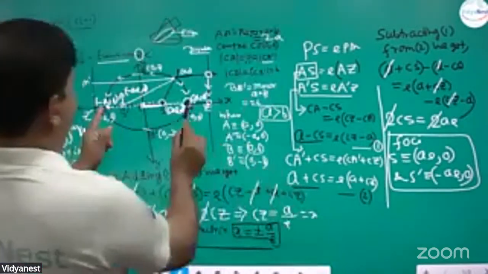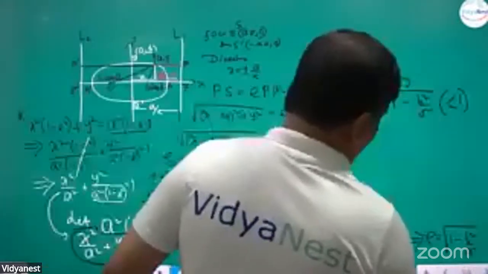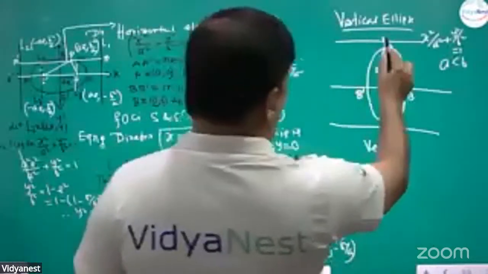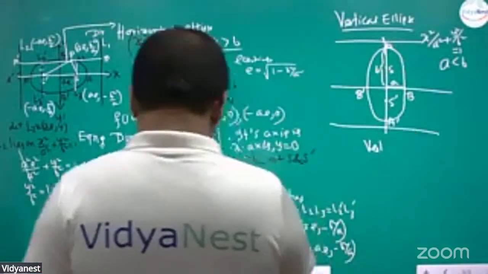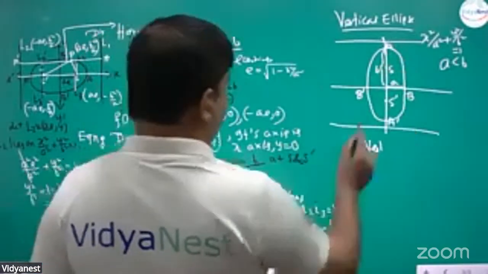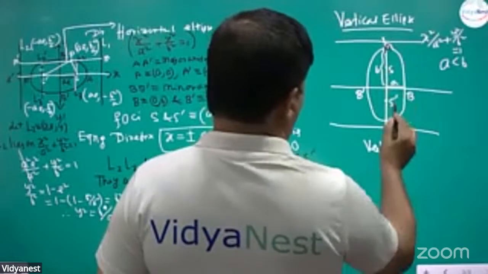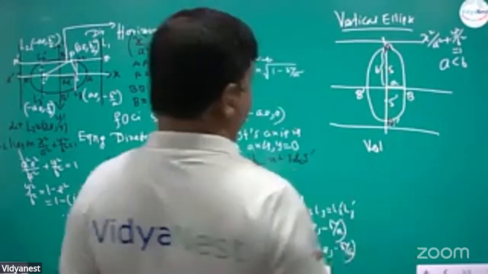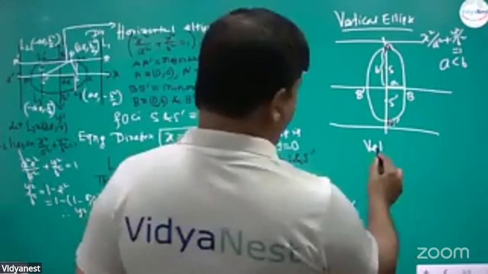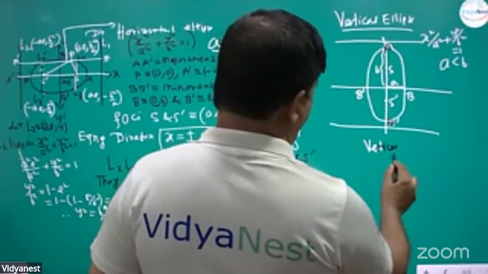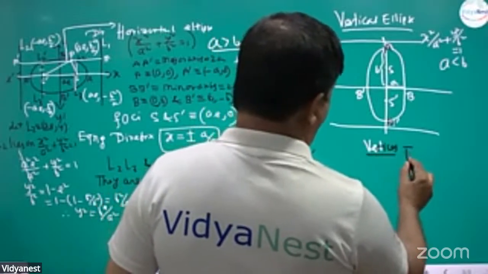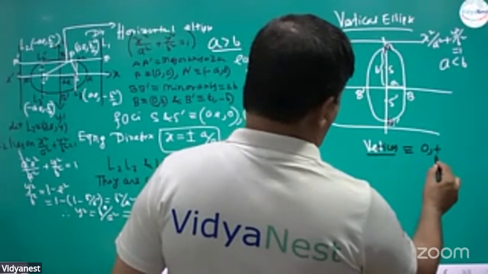Vertices we got on the x-axis, now we will get them on the y-axis, at zero plus minus b.